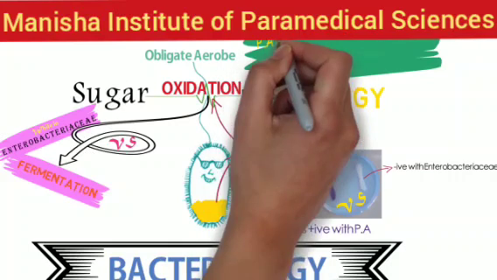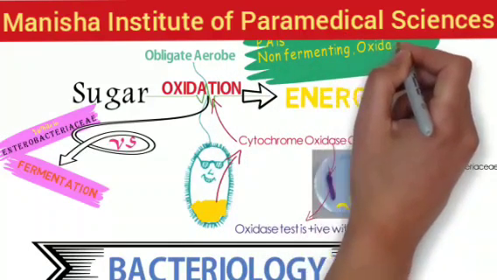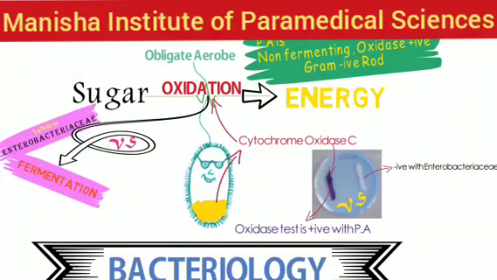This test distinguishes it from other gram-negative bacteria. Again, Pseudomonas is a non-fermenting, oxidase-positive gram-negative rod.